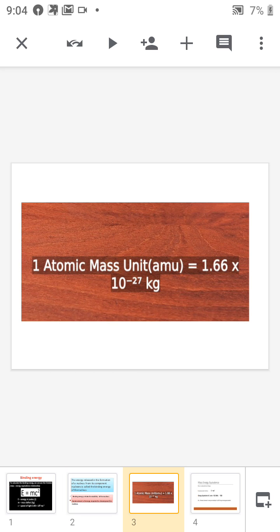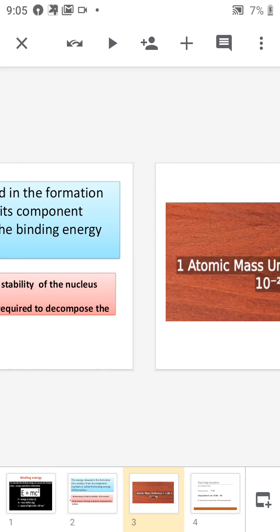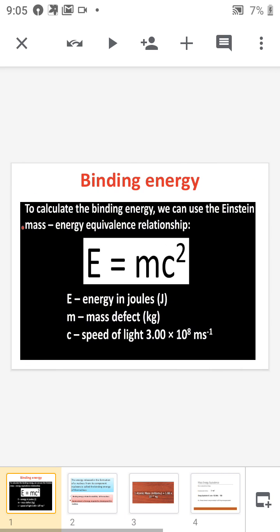Now we have discussed the Einstein mass energy relationship, E equals mc squared. In this equation, the mass defect is expressed in kg. But sometimes in problems, the mass defect is expressed in AMU.